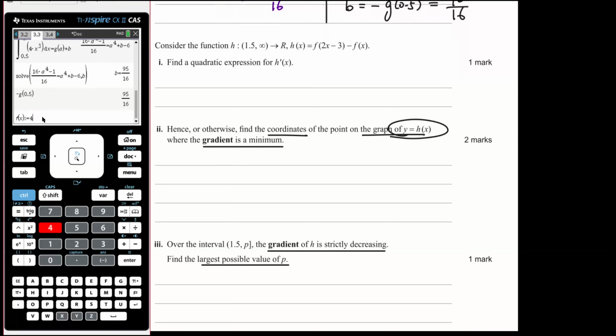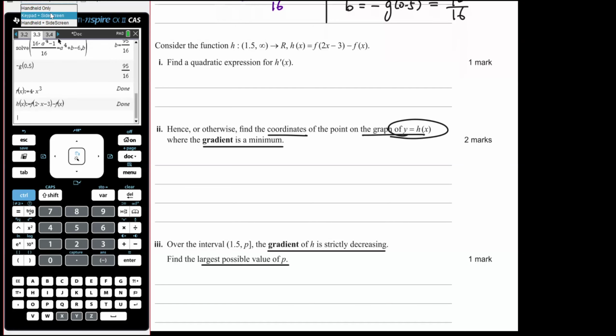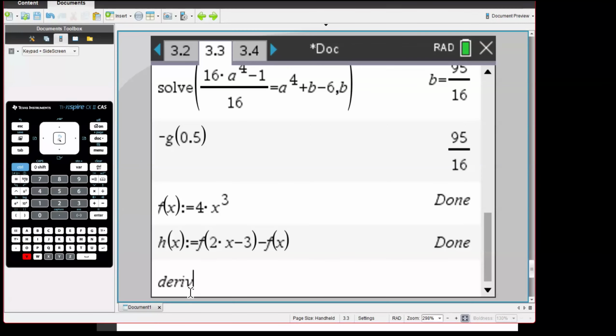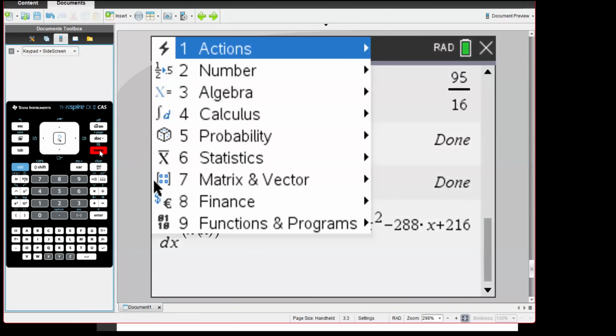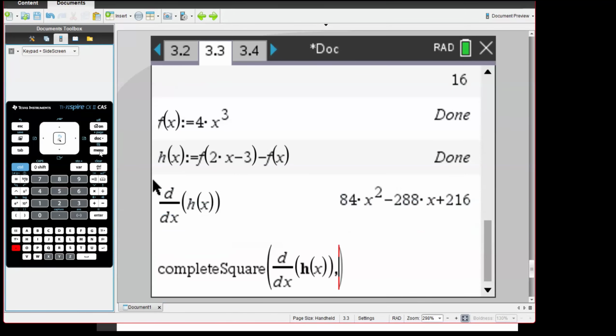f of x is assigned to 4x to the power 3, and h of x is assigned to f of 2x minus 3 minus f of x, something like that. I can just get the derivative, h dash of x. And this is a quadratic expression. I might want to complete the square.